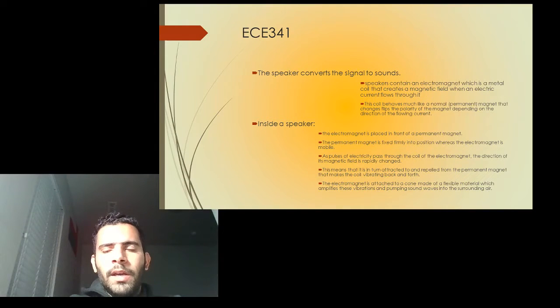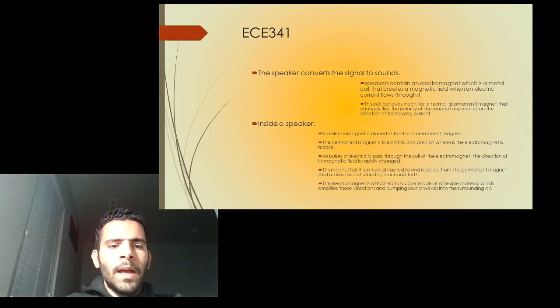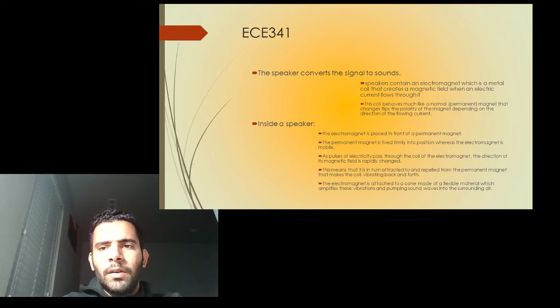This coil behaves much like a normal magnet that changes the polarity of the magnet depending on the direction of the flowing current. And inside the speaker, the electromagnet is placed in front of the permanent magnet.